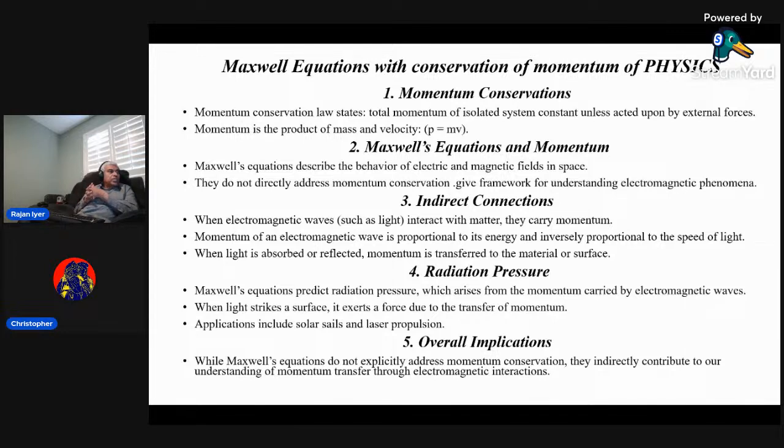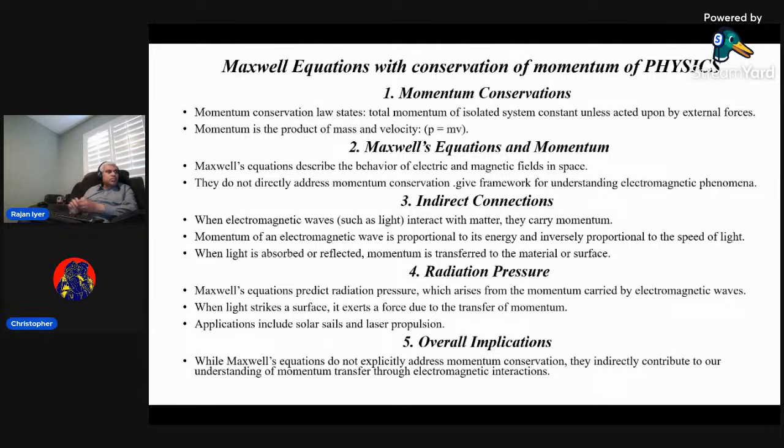The overall implication is that while the Maxwell equations do not explicitly address momentum currents, that's a very important point we should note. While the first law makes very clear the energy conservation, the momentum conservation is still a question to be answered.